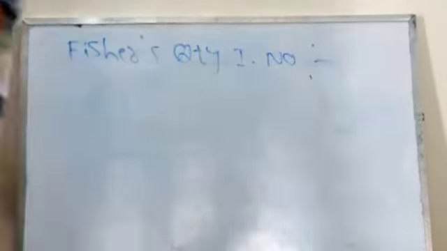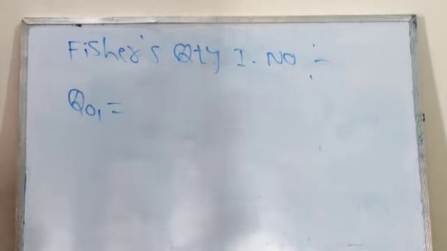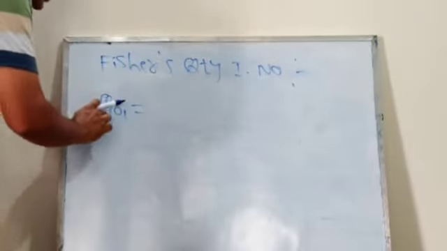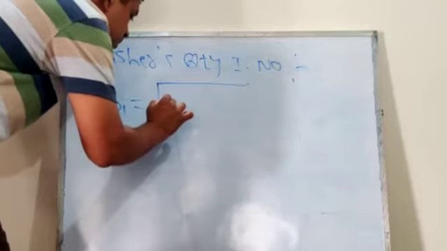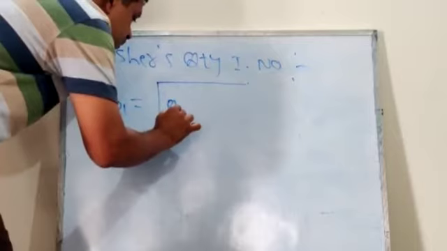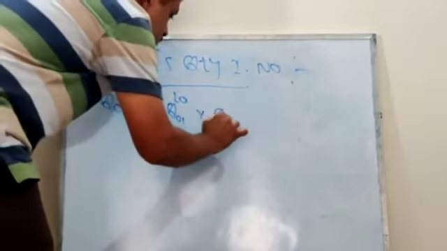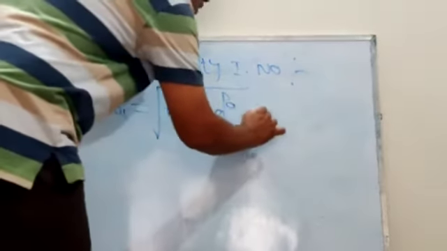Fisher's quantity index number, Q01, by definition is the geometric mean of the Laspeyres and the Paasche's quantity index numbers. That is, the geometric mean of Q01 for Laspeyres and Q01 for Paasche's, into 100.